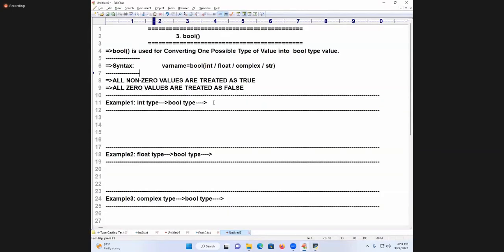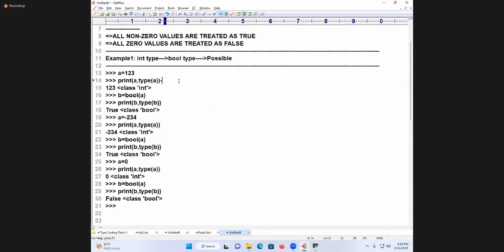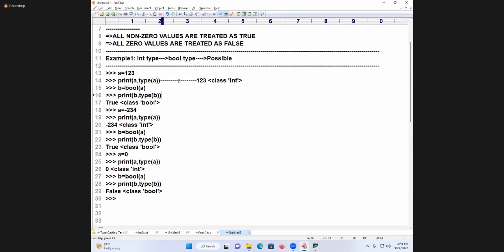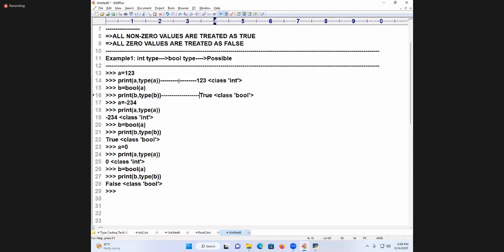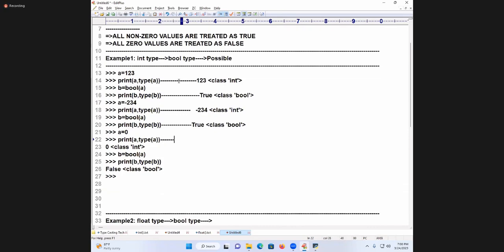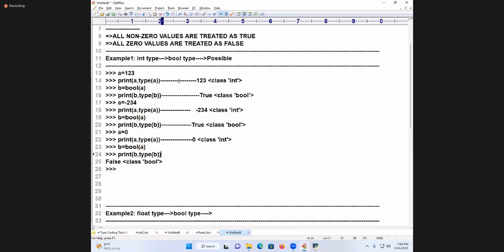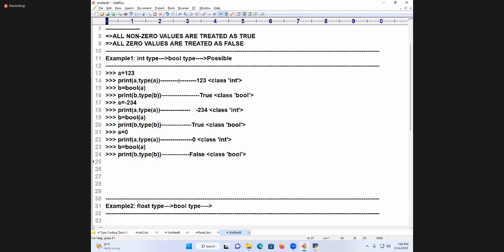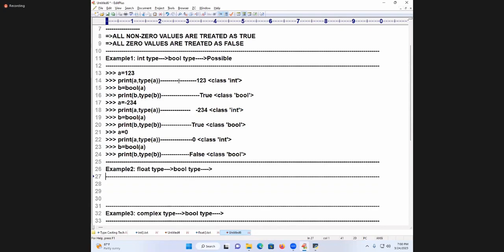Please keep the note points in mind. The value minus 234 is still called true. The value of A is 0 and the bool of this value is false. Are you following me? Yes.